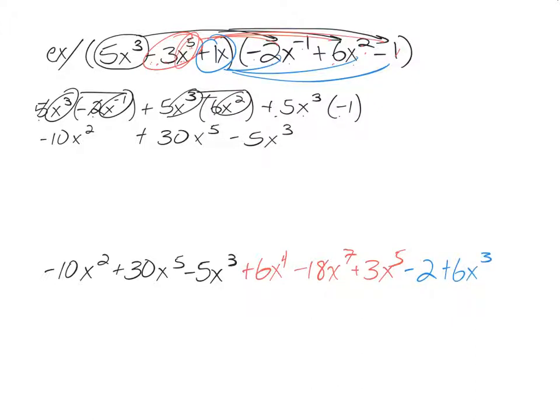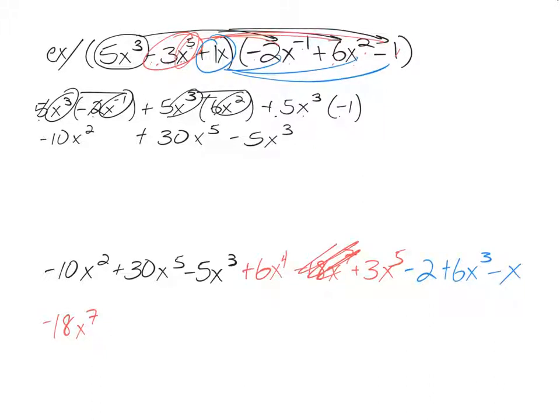And I can do something very similar here, here, and here to get negative 2 plus 6x cubed minus x. And now we have this great big mess down here, which requires us to combine like terms. And again, we like to do this in descending order. So start with the biggest exponent, negative 18x to the seventh. I don't see any other x to the seventh power, so I'm going to start with that one.